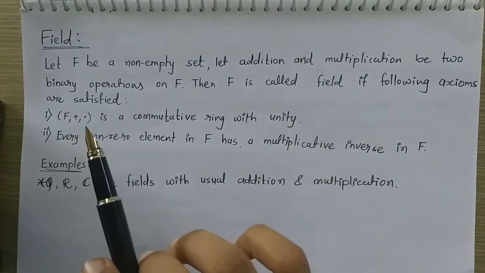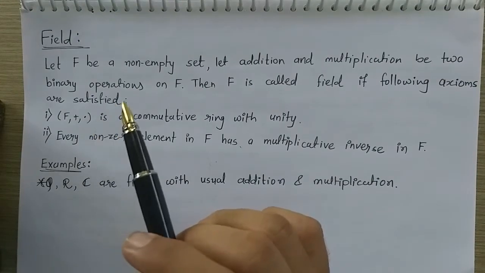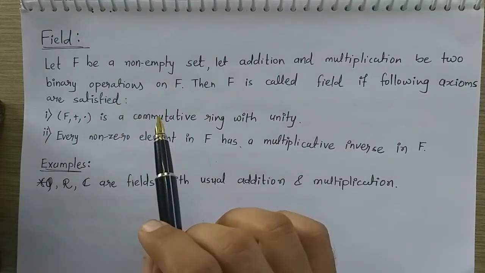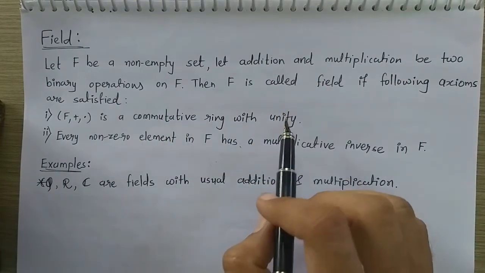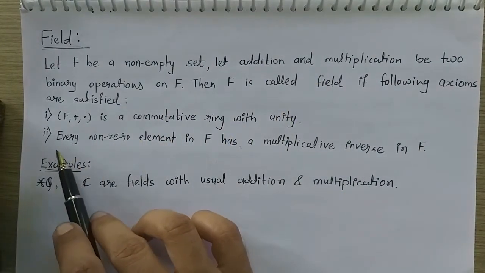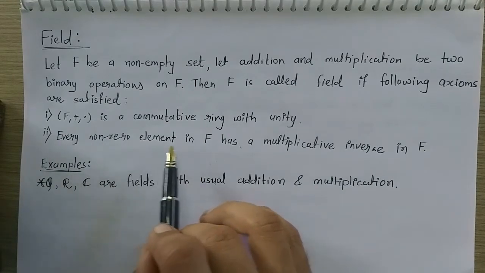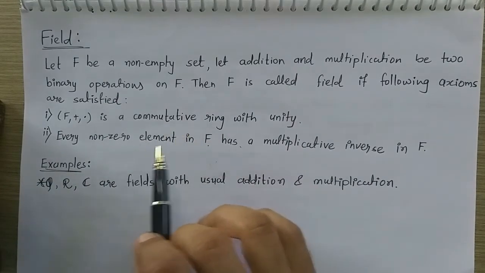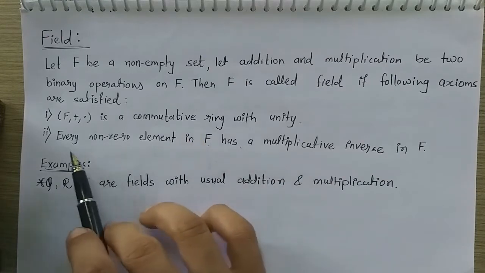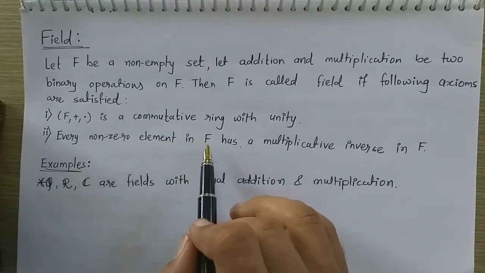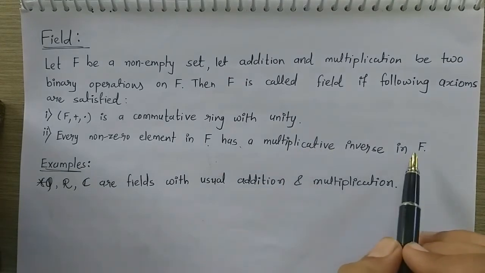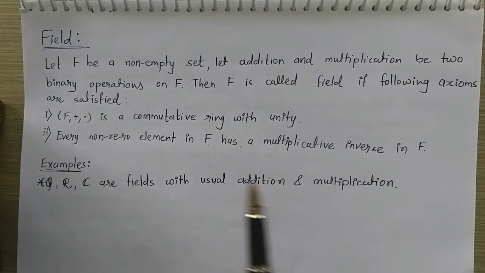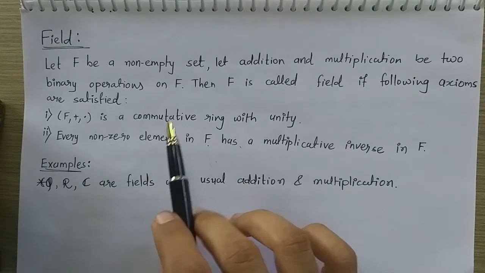That means first of all it is a ring, second it must be commutative, and third it is with unity, that means a multiplicative identity. And second, every non-zero element in F has a multiplicative inverse in F. Clear? So this is the definition of field.